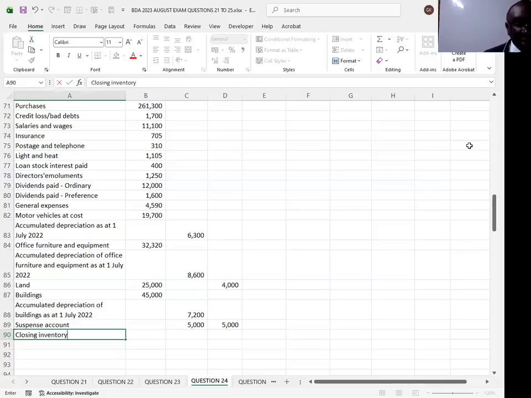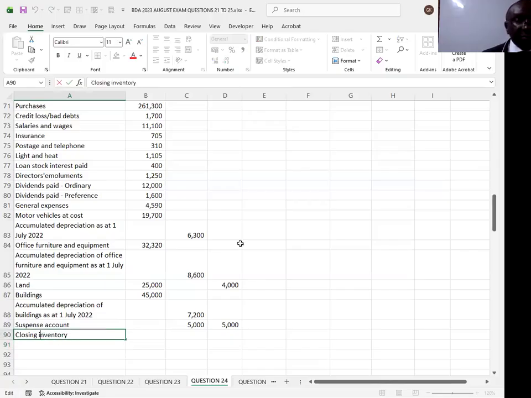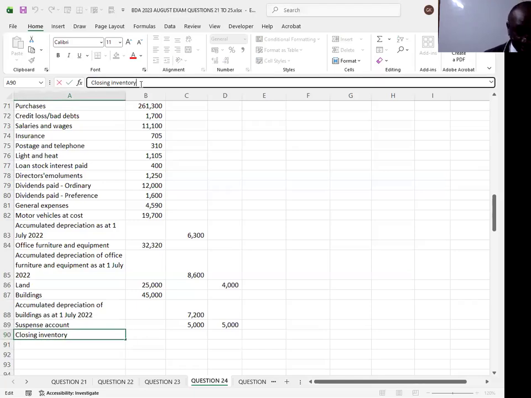Now this closing inventory, there is the one that is going to the statement of, ama niweke badala ya 2 lines, let's put a dash here, and we say this is going to the statement of profit or loss.